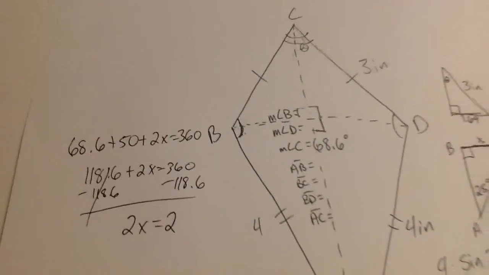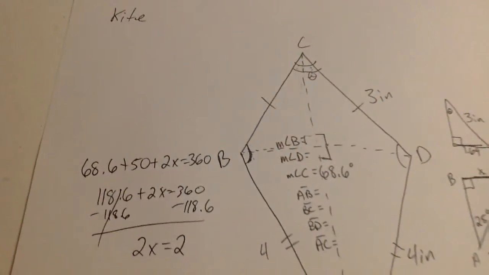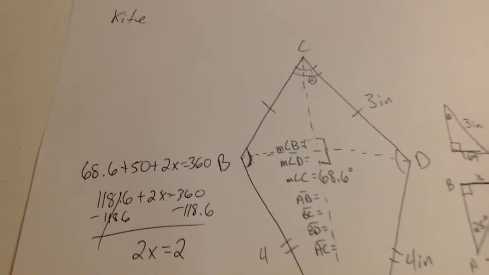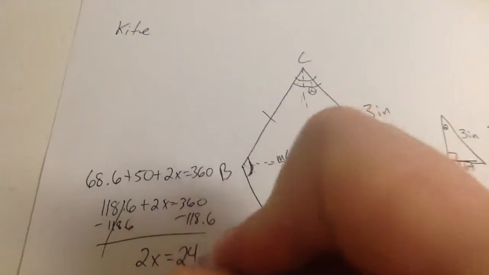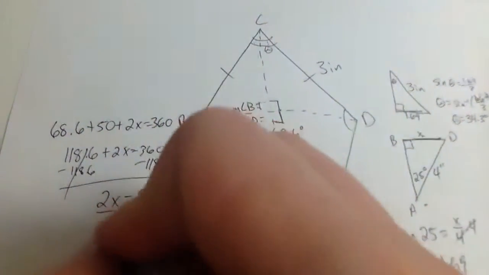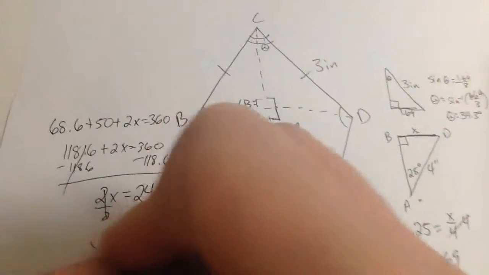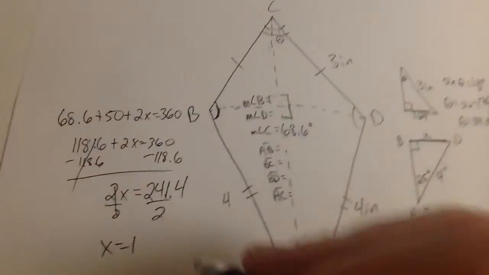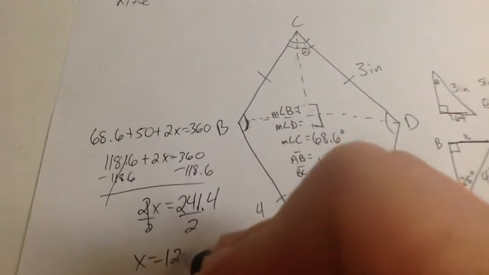I'm going to use my calculator because my brain isn't working. Probably going too fast anyway, so good to slow down a little bit. 241.4, and then just divide by 2, and you got x equals 20.7.